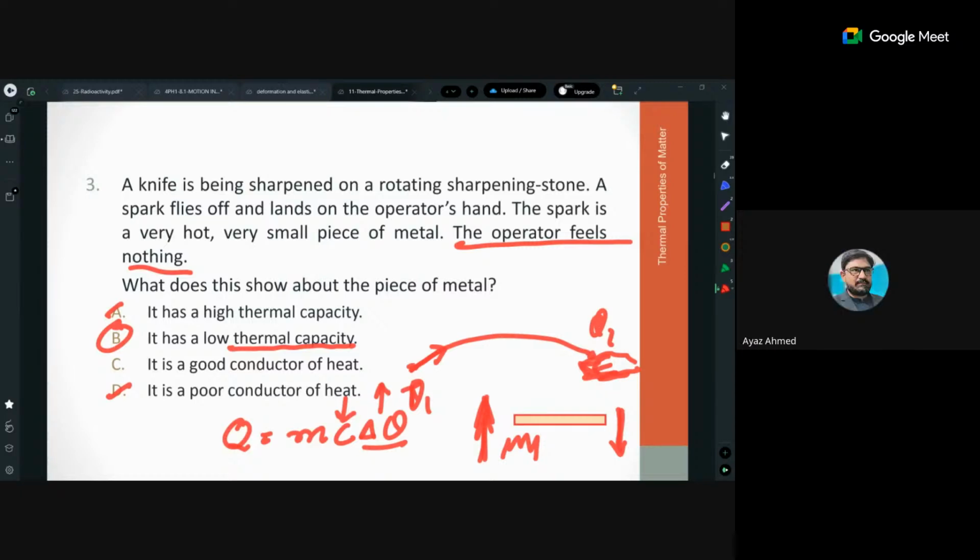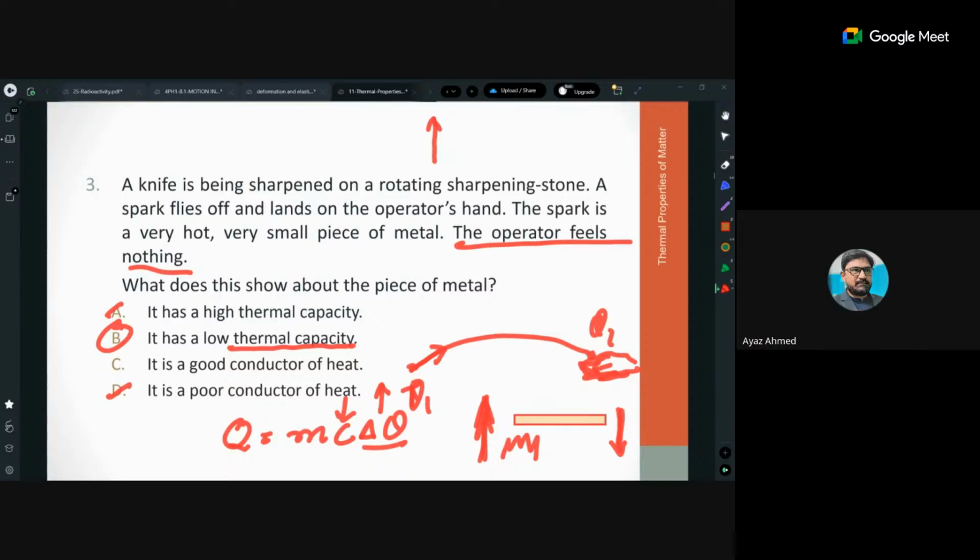Thermal capacity is just like that friend who gets irritated quickly. If the capacity of the person is large, that person would not get irritated; the change in their temperament would be very small.